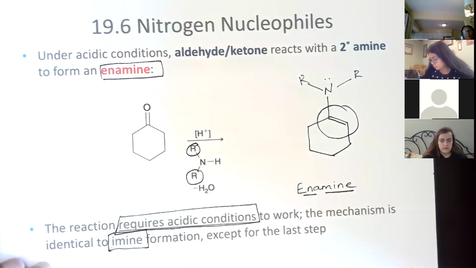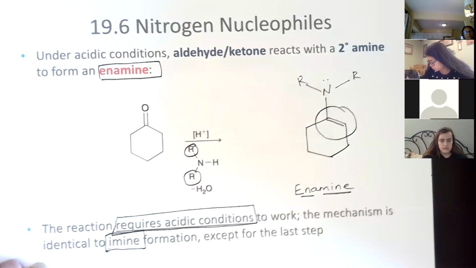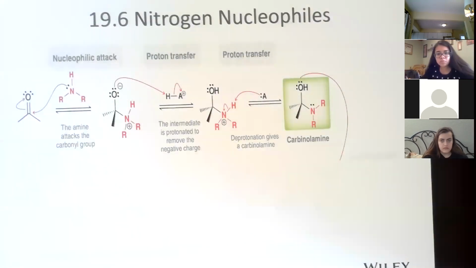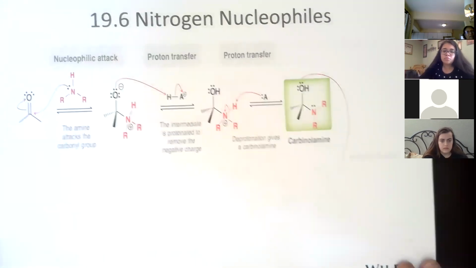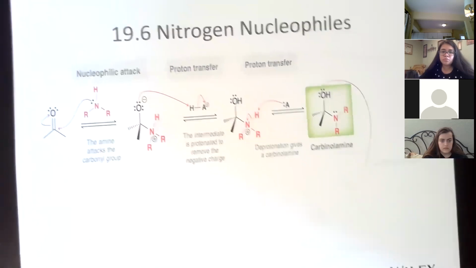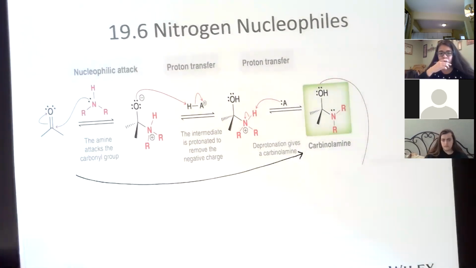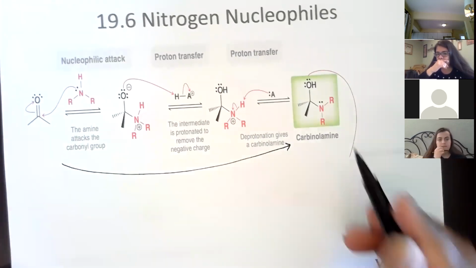Those of you who did the mechanism will get extra points. I'm not going to show the mechanism here. You're still responsible for writing that out. And you have to look at the textbook to complete it, or your completed lecture notes.